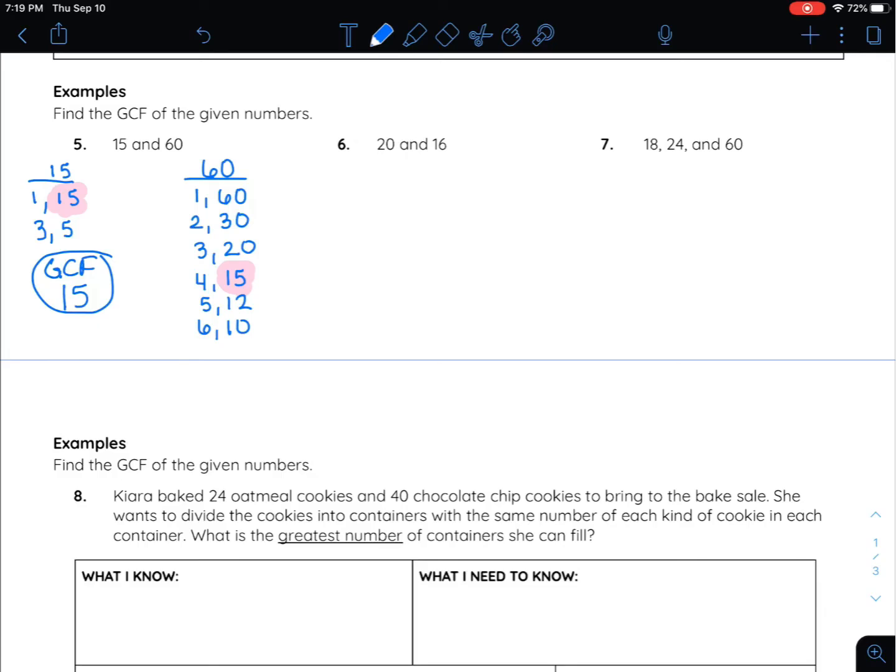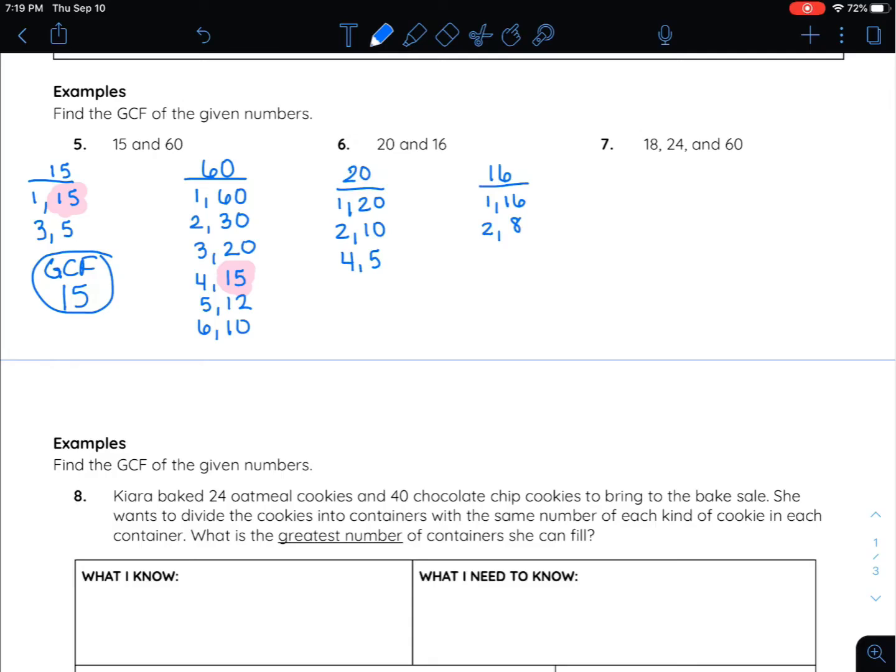Okay? Let's try 20 and 16. Make your two lists. So 20 and 16. And just go in order. 1 times 20. 2 times 10. 3 doesn't work. 4 times 5. And then we've already wrapped around. Because I can say 5, but I already wrote it. 1 times 16. 2 times 8.